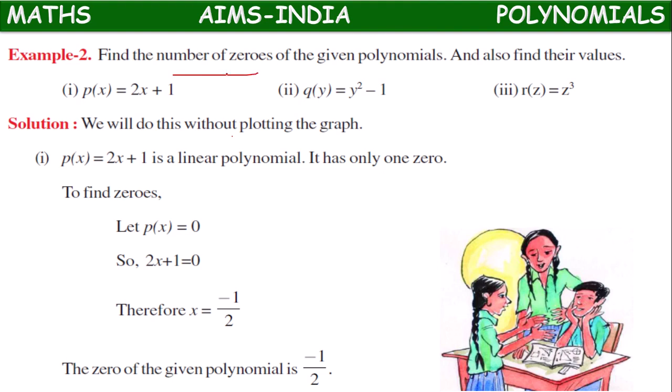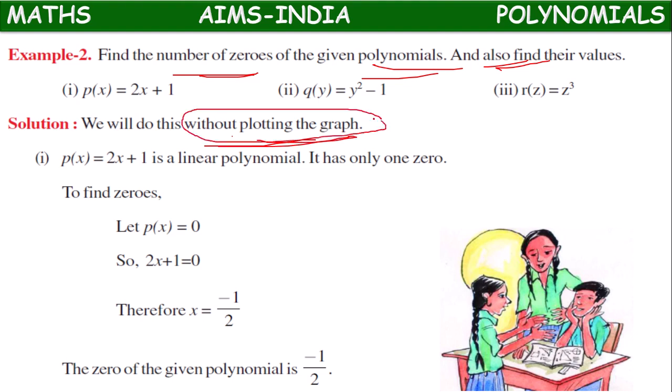Next, find the number of zeros of the given polynomials and also find their values. Without drawing the graph, we can find the number of zeros. In the questions here, they have given p of x equal to 2x plus 1, highest power 1, a linear polynomial.